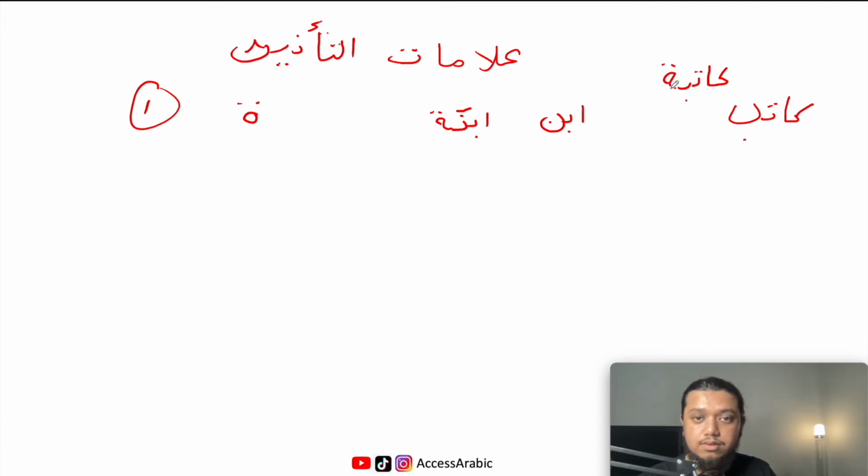It is now a female writer. Student, talib. If you want to make it feminine, you just have to add the ta marbuta. Talib becomes talibah, a female student. So talib is a male student, talibah is a female student.